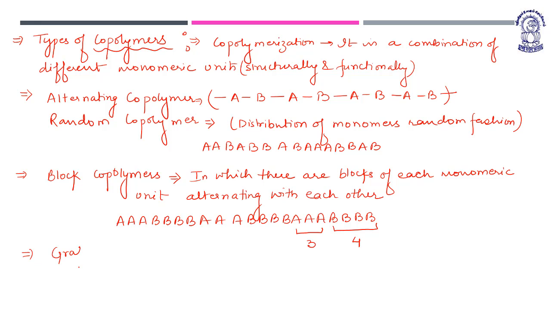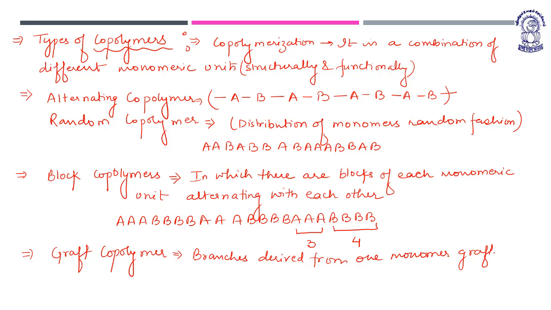Then comes the graft copolymer. It contains branches derived from one monomer, which is grafted onto the backbone derived from another monomer.